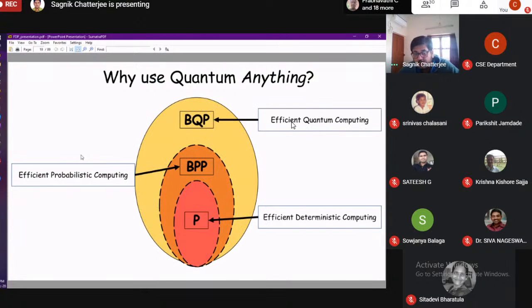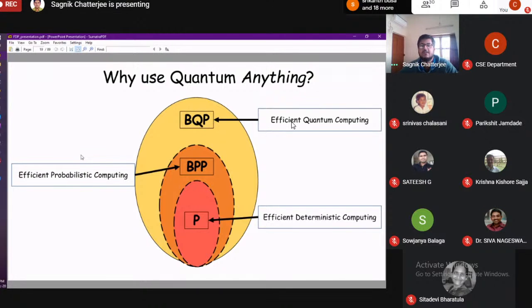We have BQP, bounded-error quantum polynomial time, which is thought to be a superset of BPP itself. But as in this case, we do not know if one is bigger than the other or not. It might be the case that everything is in the small P set, but we don't know for sure. What we know for sure is that BQP is at least as big as P or BPP.